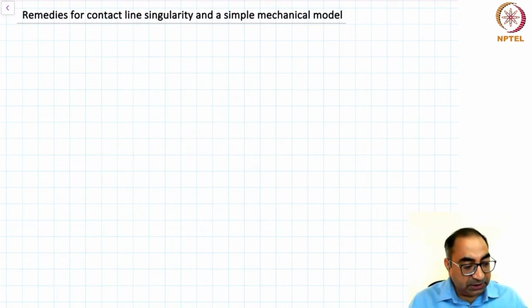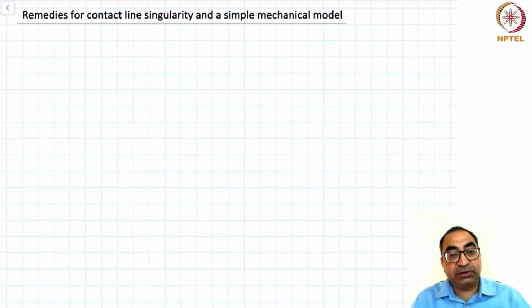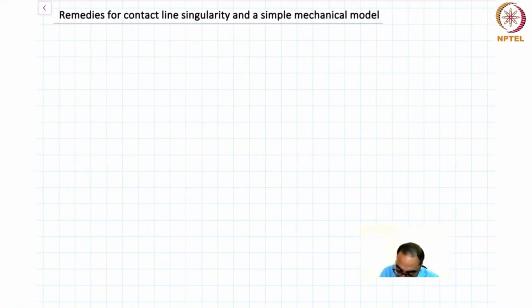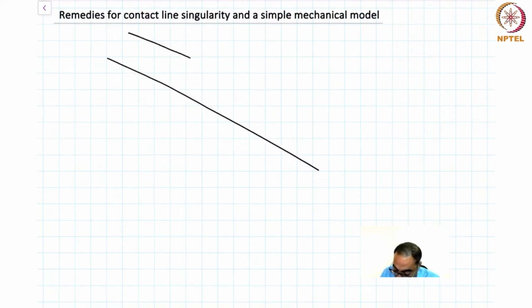So let us look at some of the standard ways in which people have tried to alleviate the singularity of the contact line. Let's consider the problem that we were looking at. This is a problem that we've already studied.